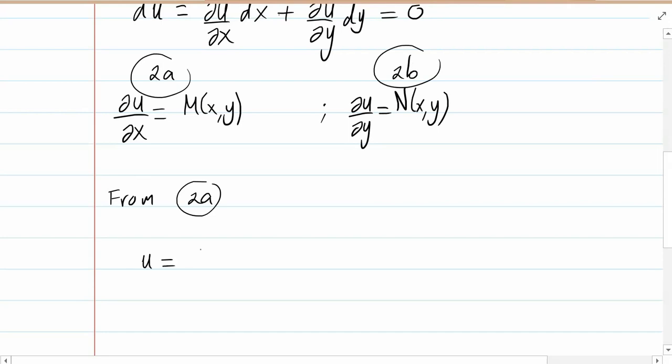By the fundamental theorem of calculus, u is going to be equal to the integral from some x naught to x of M of t comma y dt plus some function of only y.